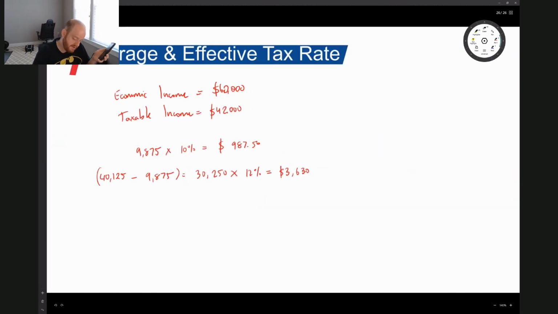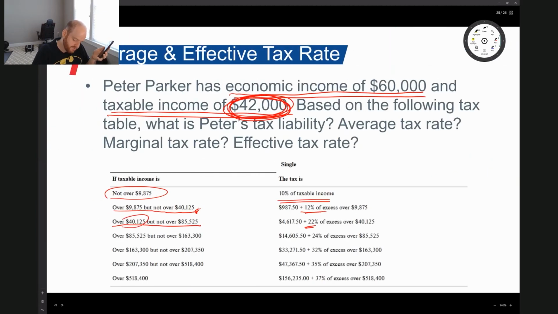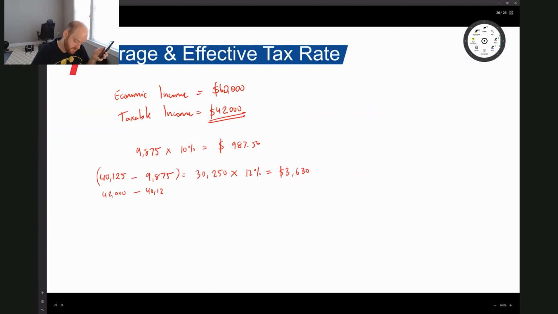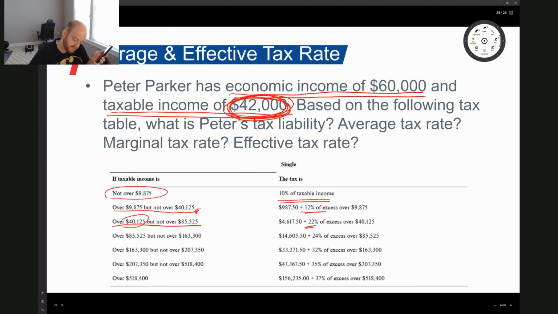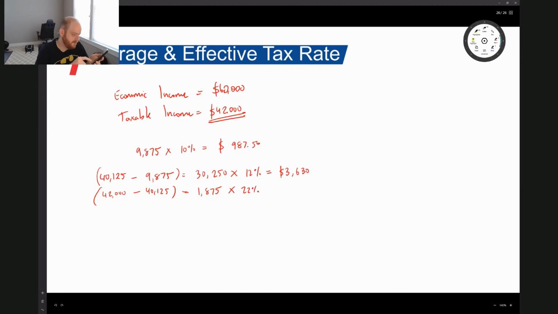And then anything over 40,125 but not in excess of 85,525 is taxed at 22%. So we would take his taxable income of 42,000 and subtract the limit, which is 40,125, right, which would give us 42,000 minus 40,125 is $1,875 times the rate there, 22%. We have $412.50, right?